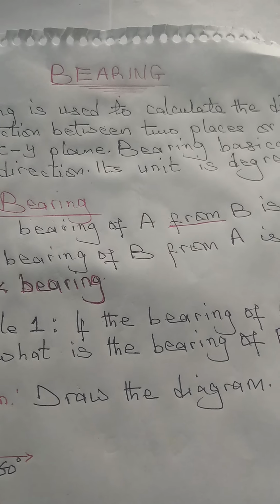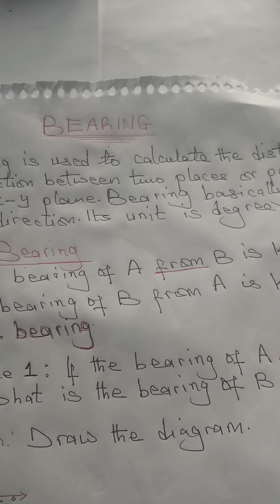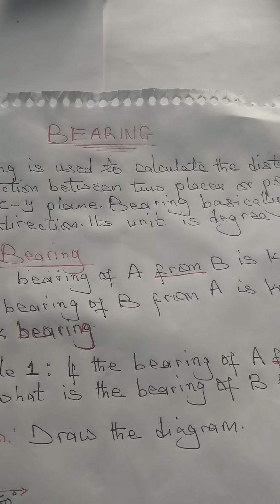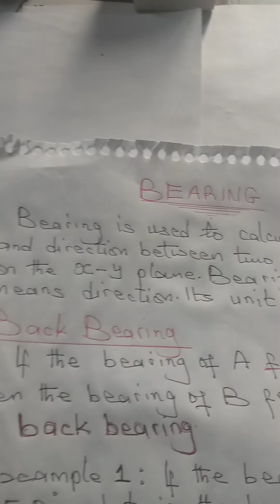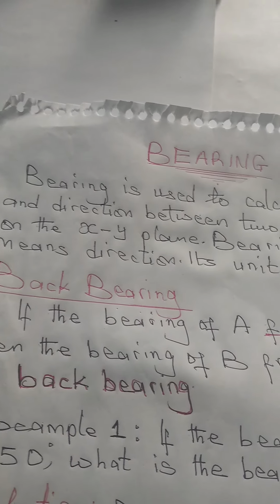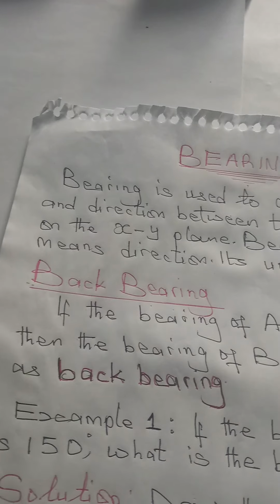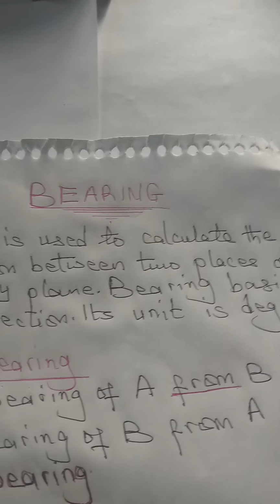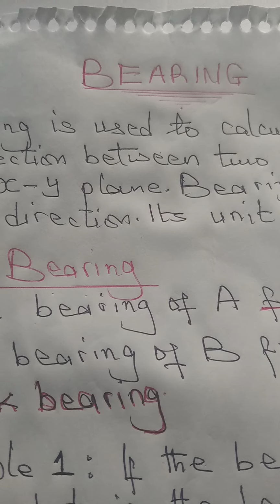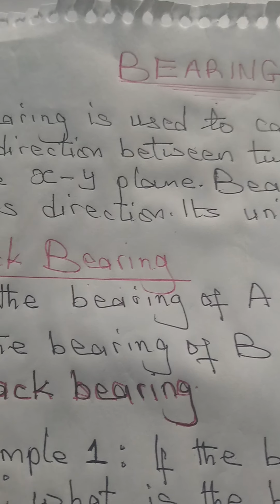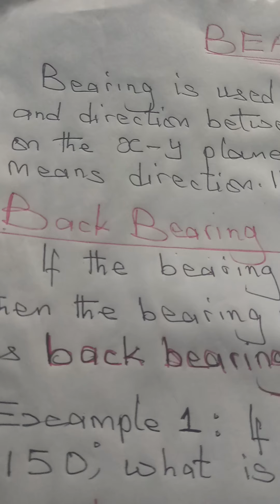Bearing is used to calculate the distances and direction between two places or points on the XY plane. Bearing basically means direction. Its unit is degrees. So far, we have known what is bearing. So we understand what we're going to be dealing with.